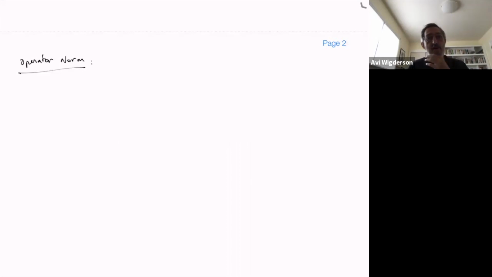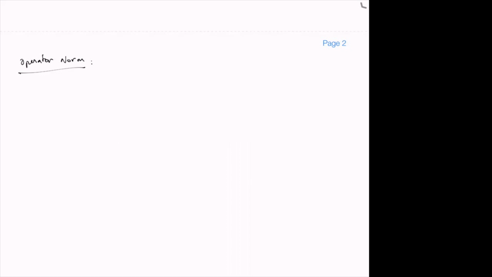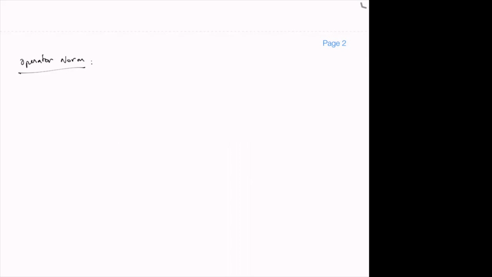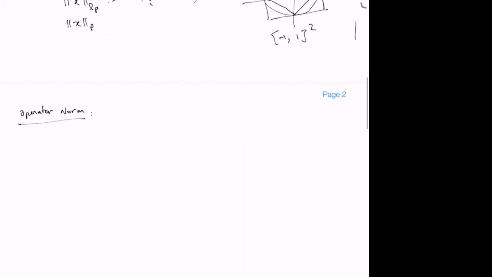Now we're going to define a norm on matrices, the operator norm. Sorry, I'll try my best to write big. The operator norm is a norm on matrices. Given a matrix A, which we can also think of as a linear map from a normed space X to a normed space Y, we assume X and Y are on R^n.